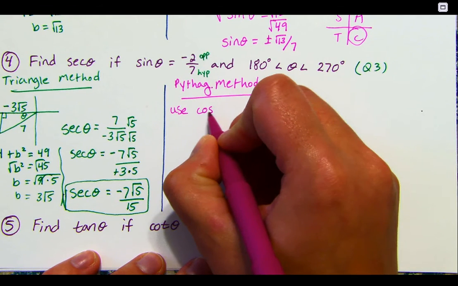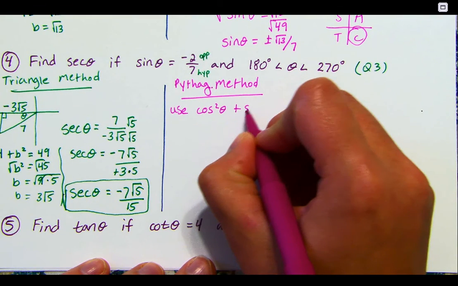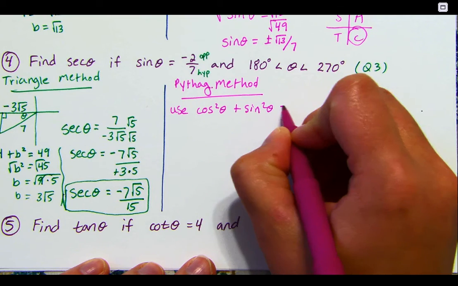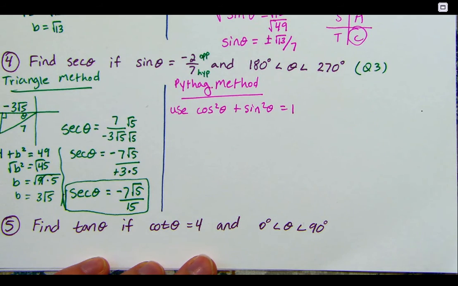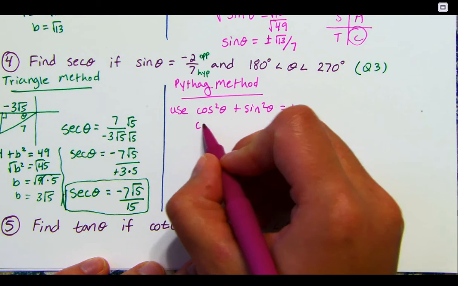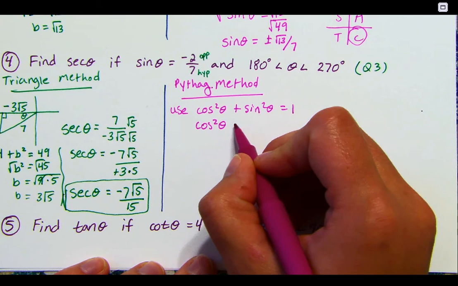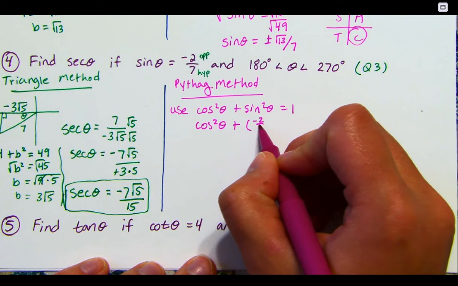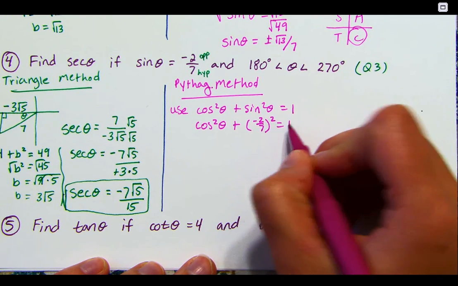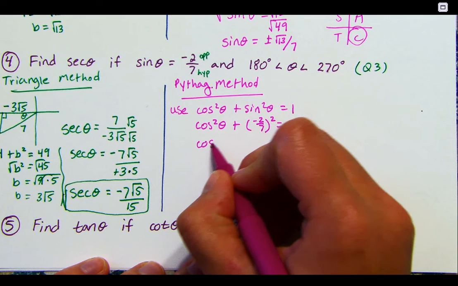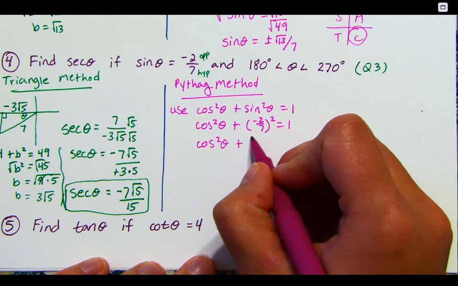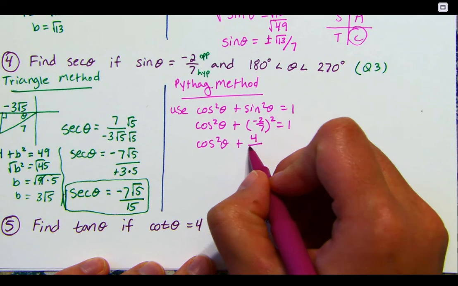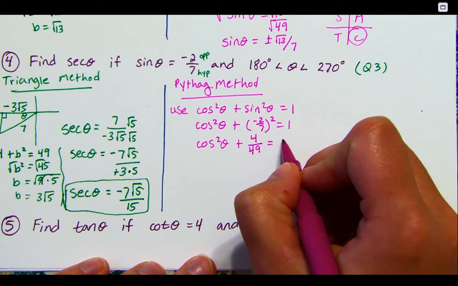So using cosine squared theta plus sine squared theta equals 1. And then we substitute in what we know and solve for what we have left. So if I square that fraction, we will have cosine squared theta plus 4 over 49 equals 1.